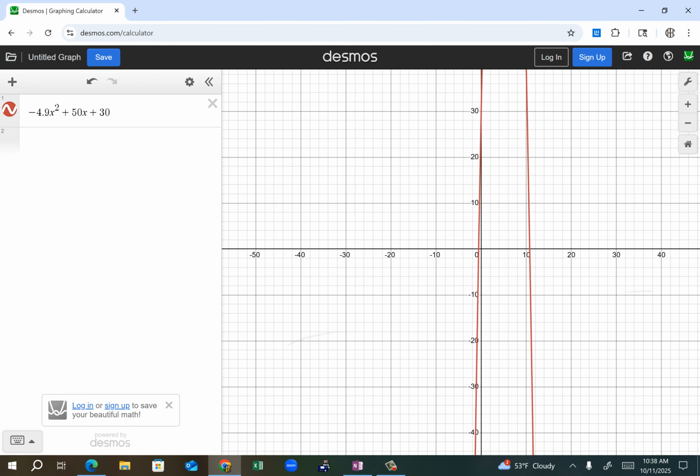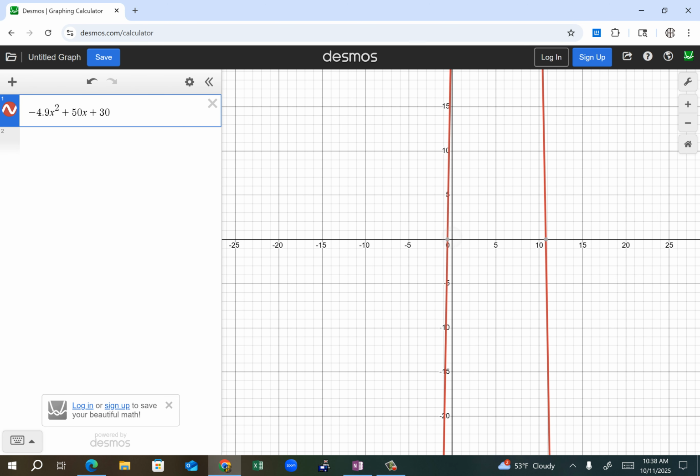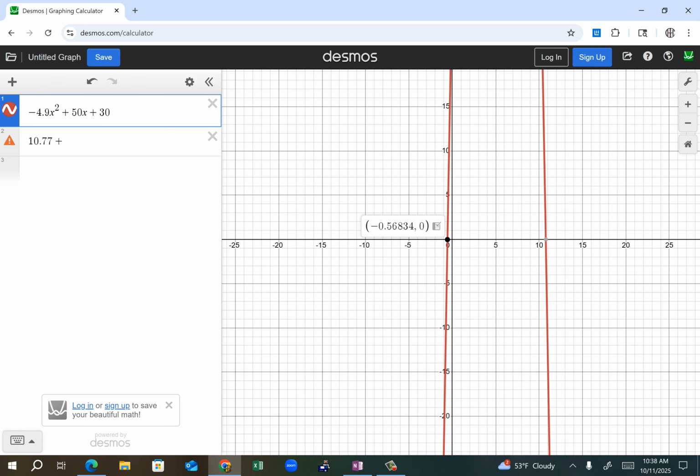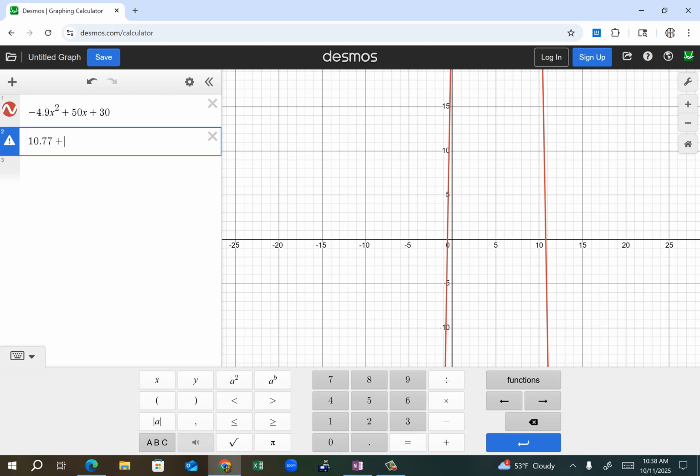Now, the question was, when does it hit the ground? It hits the ground 0.56 seconds before I hit it, which doesn't make any sense, obviously, and 10.77. So 10.77 plus 5.68 or thereabouts.